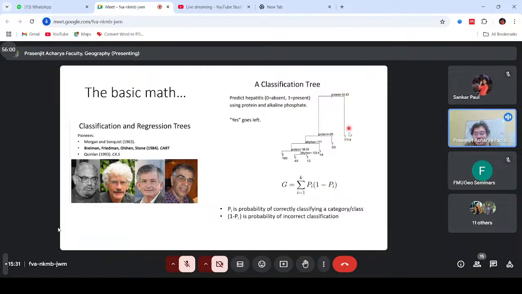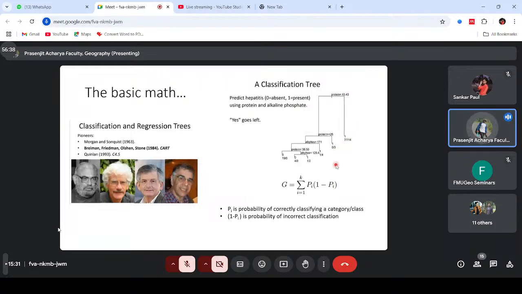So the right-hand side class is suggesting that if the protein value is less than 45.43, it goes to the right-hand side. And it gives you classes showing, of the total, how many of them actually have hepatitis and how many of them don't have hepatitis.